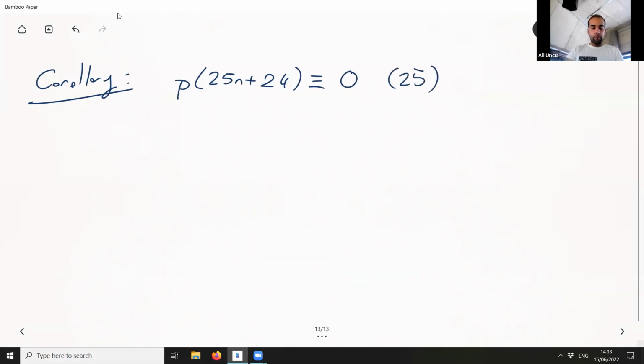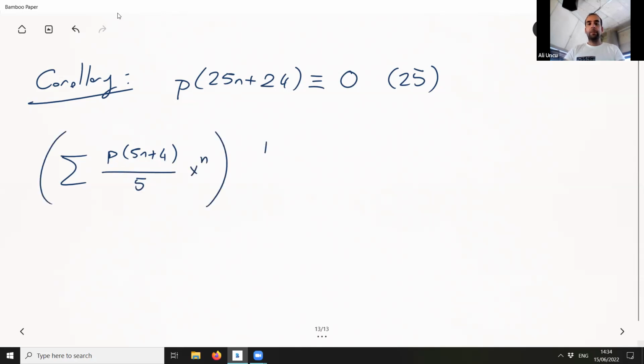And the way you would approach that is you would take your p of 5n plus 4s, the things that are divisible by 5, and you divide them by that. You look at that generating function, multiply it with this e of x^5 to the 4, to show that this identity is true.